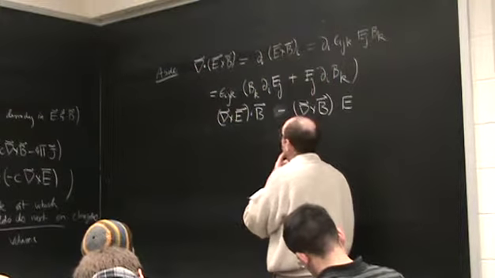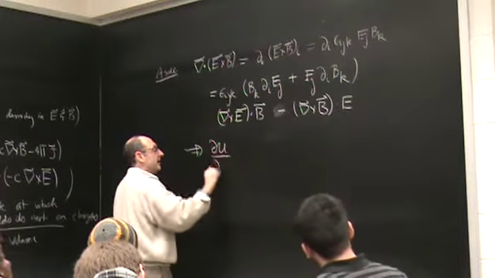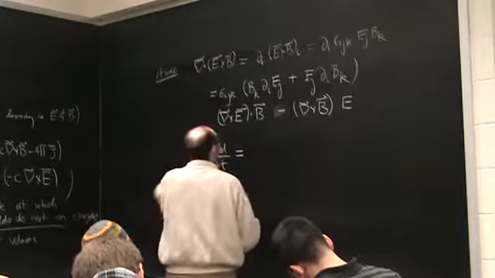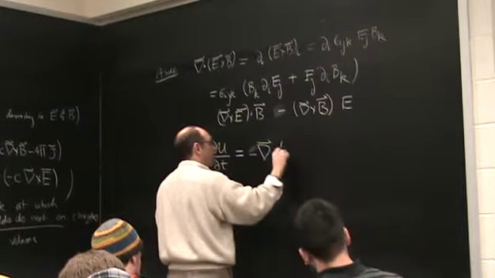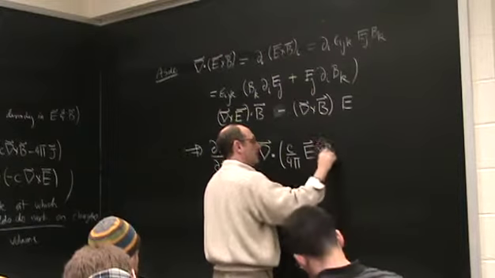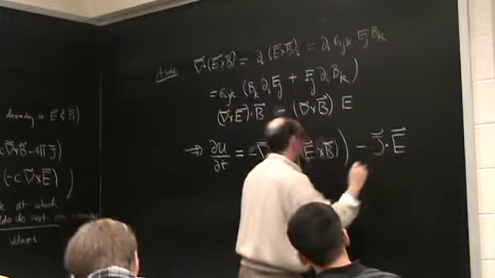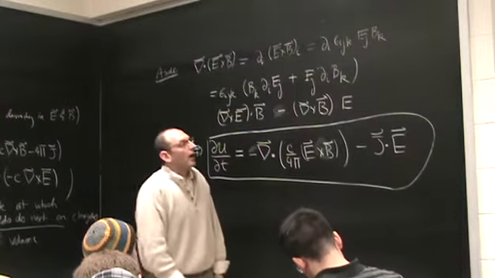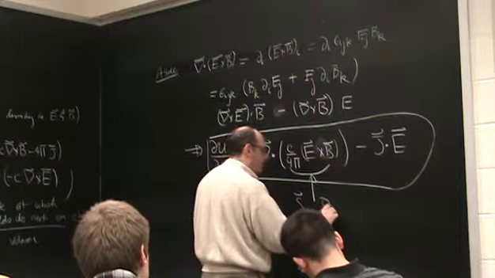So, what do we have here? It says here, thus, that the rate of change of electromagnetic energy in both the electric and magnetic field is equal to minus del dot c over 4 pi E cross B minus J dot E. And this quantity is known as S, is known as the Poynting vector.